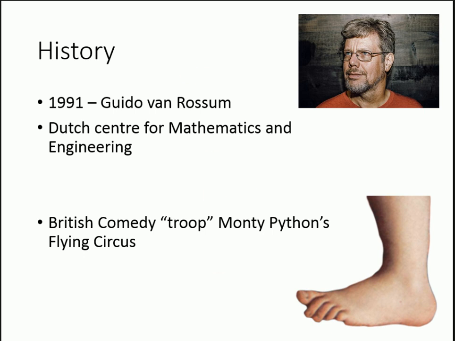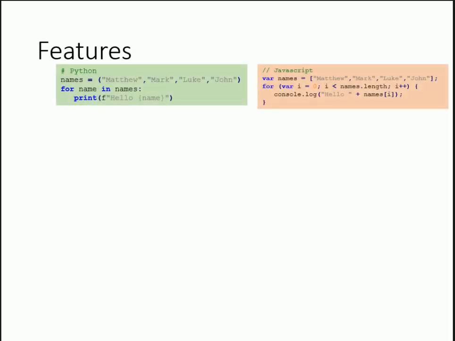The key features that we are focused on, and why we would like to use it, are shown in some code snippets here. These two programs do exactly the same thing. On the left we've got Python, and on the right we've got JavaScript. Initially you might look at them and think it doesn't seem to be that much. But when you look at each individual line, they do more or less say the same things line by line.